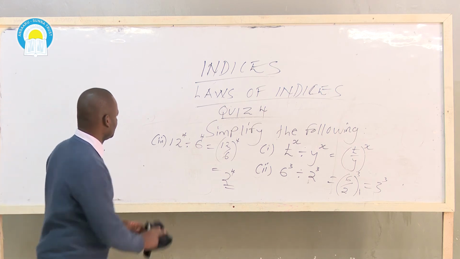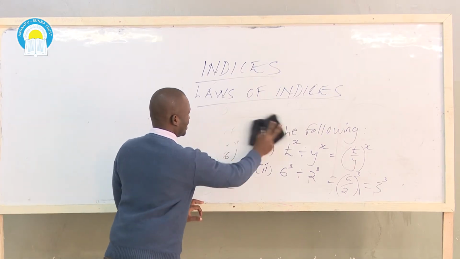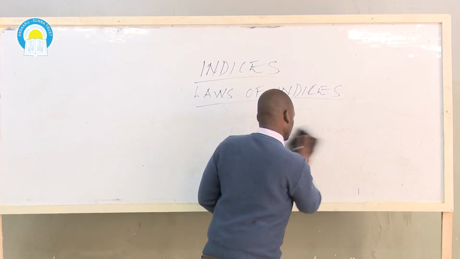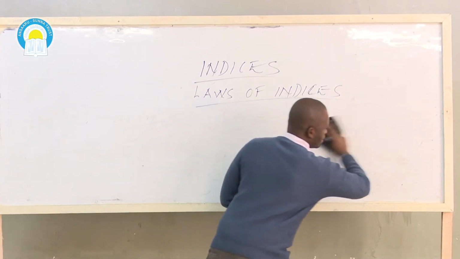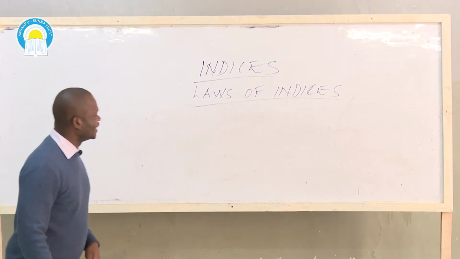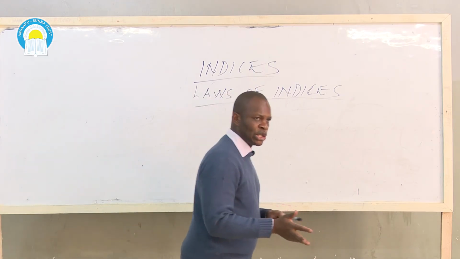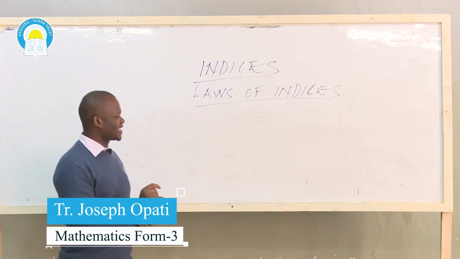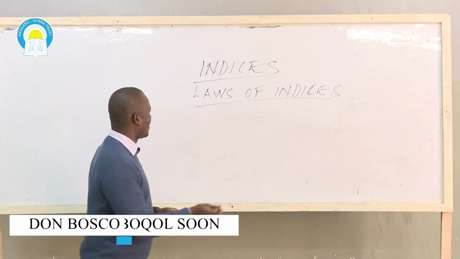The 5th law, discuss it, see what the law entails. The 5th law is a law whereby you have been given a number in index form, and that number in index form is being raised to another power.